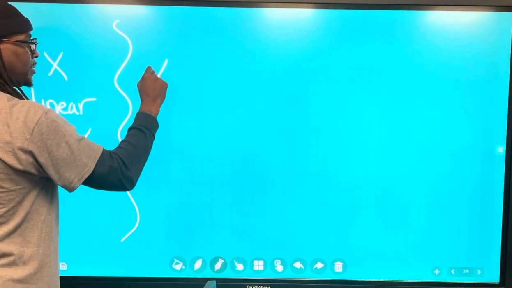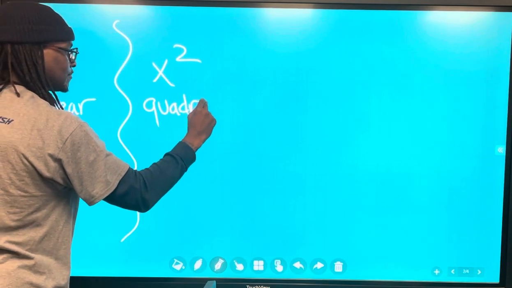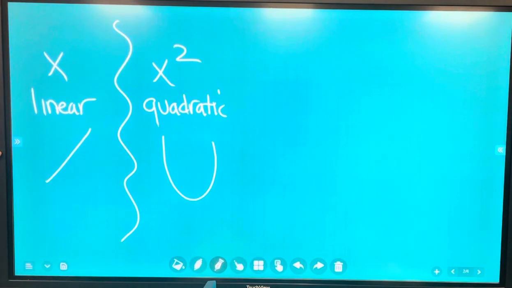We then did parabolas where it was x squared. This would be quadratic. And your graphs are going to look like that.